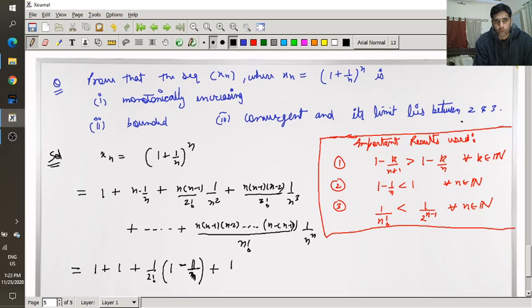Plus 1 upon 3 factorial is again outside, so this is n cube minus 3n square plus 2n, right?